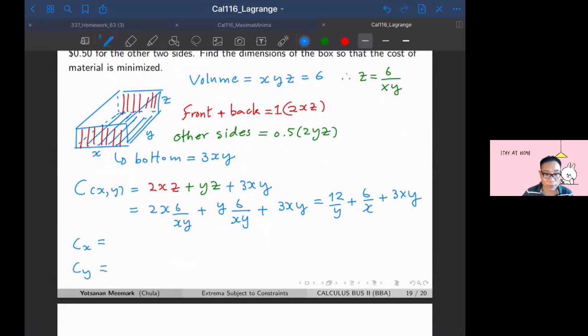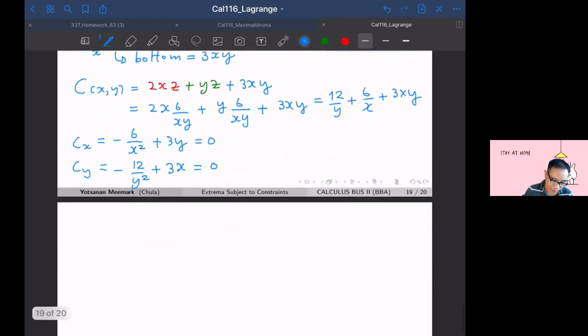Let's compute Cx. It's negative 6 over x squared plus 3y, and Cy is negative 12 over y squared plus 3x, equal to 0. You solve for the critical number, and then you compute Cxx.